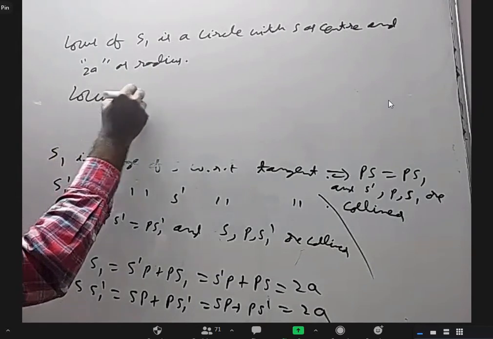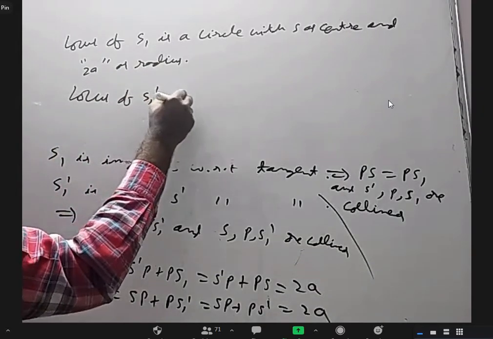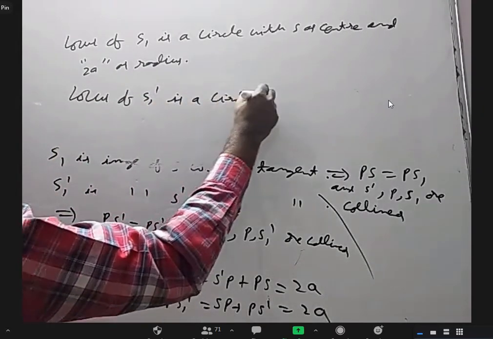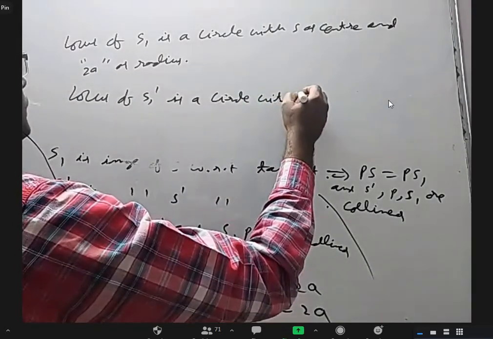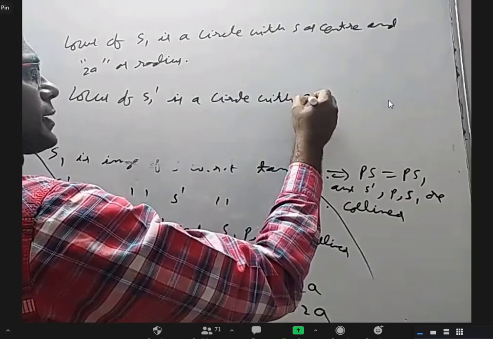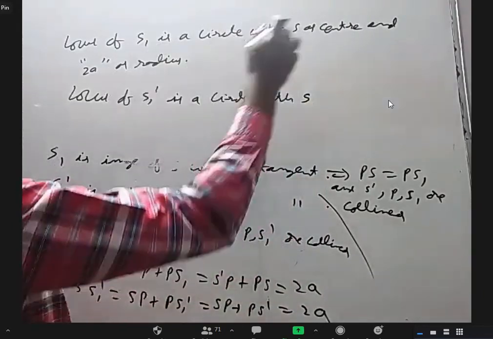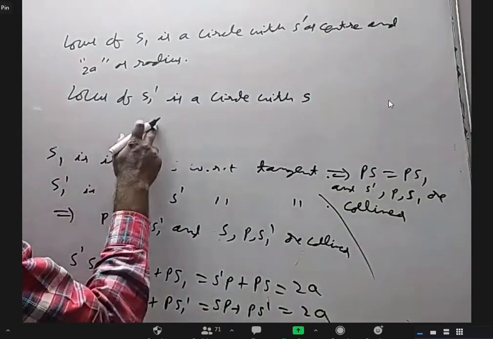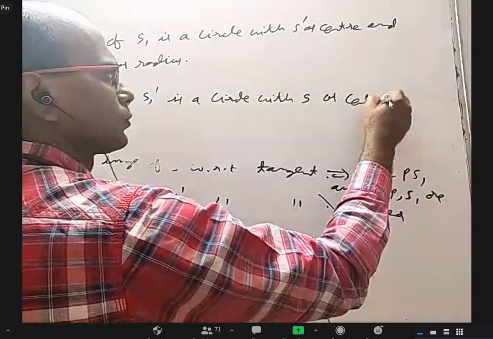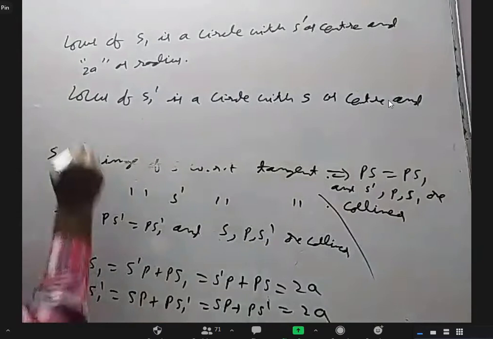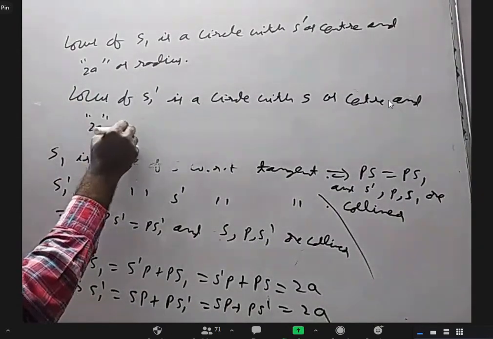Similarly, the locus of S1 dash is a circle with, no, this is S dash. The locus of S1 dash is a circle with S as center and 2A as radius.